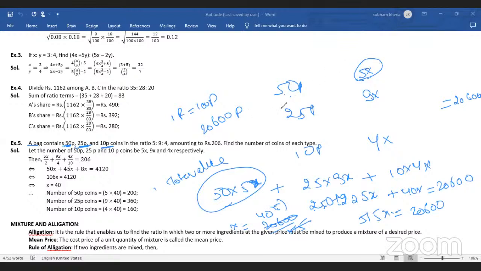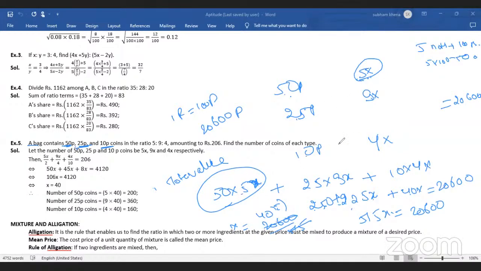Is it clear? Total value. See, if you have 5 notes of 100 rupees each, how much do you have in total? 5 into 100, 500. Similarly, if you have 5x coins of 50 paise each, the total value is 50 into 5x, 250x. Then 9x coins of 25 paise each: 9x into 25, that is 225x.